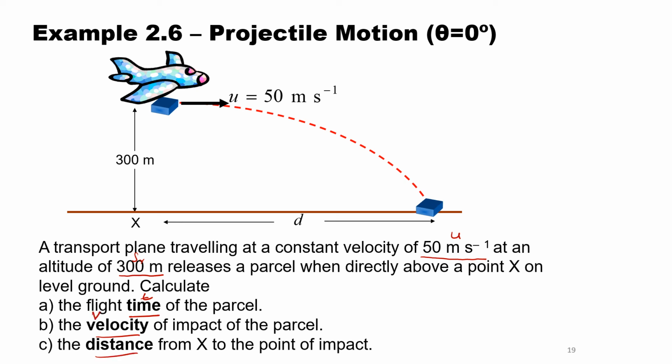C, the distance from X to the point of impact. We know that altitude 300 meter is a negative value because displacement is below the reference point.